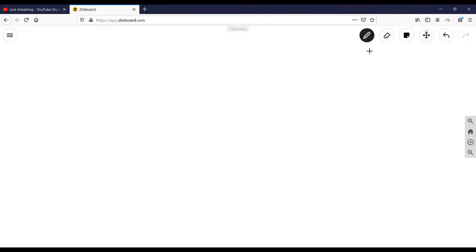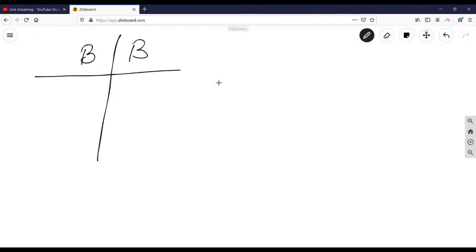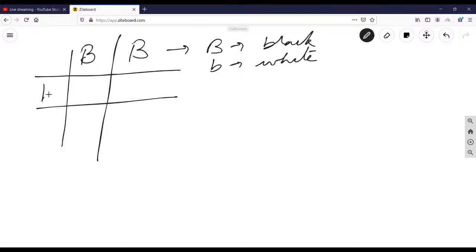Suppose I am homozygous dominant, BB. Let's take color here: capital B is black, dominant, and small b is white. It is mated with a homozygous recessive individual.